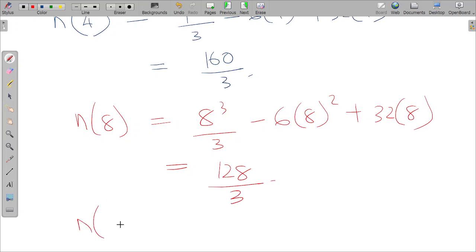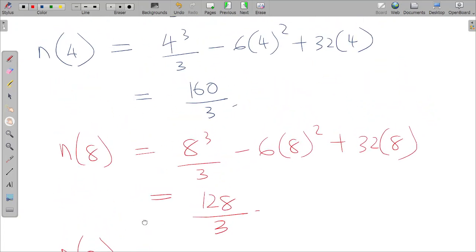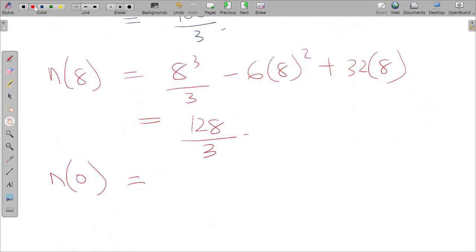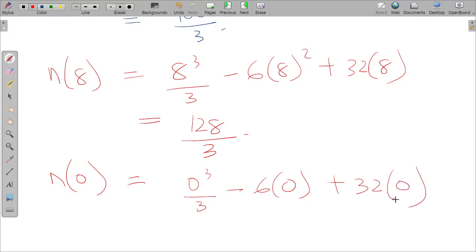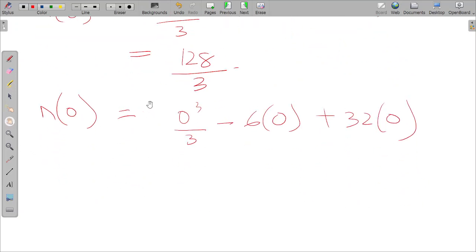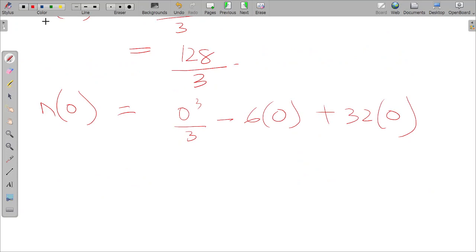Then at the endpoint 0, it becomes 0 cubed over 3 minus 6 of 0 plus 32 of 0, which gives us 0.